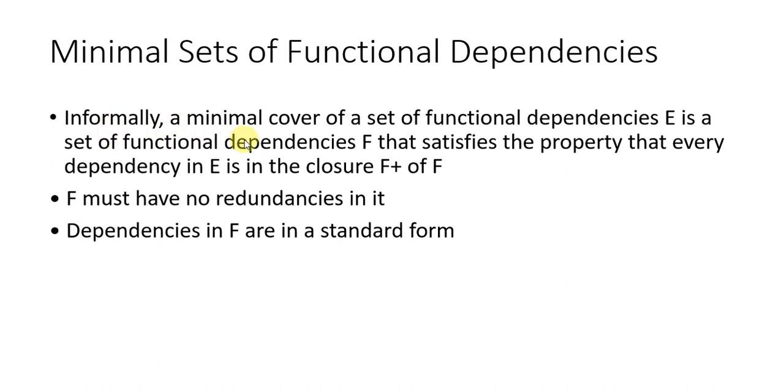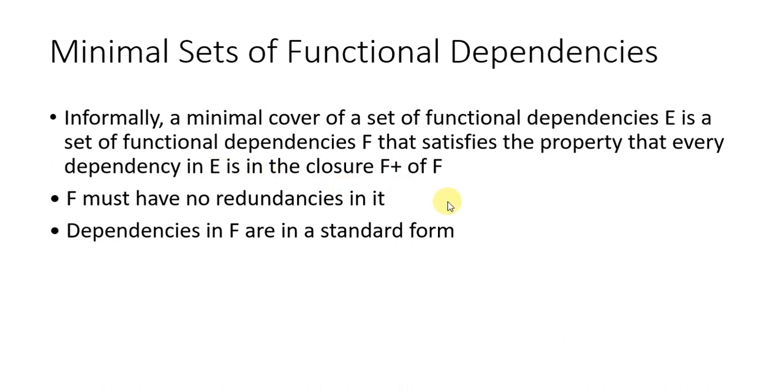So a minimal cover of a set of functional dependencies E is a set of functional dependencies F that satisfies the property that every dependency in E is in the closure F plus of F. We have a set of functional dependencies, and we are trying to find a minimal cover of this set, and it should satisfy the property that every dependency in E is in the closure F plus of F.